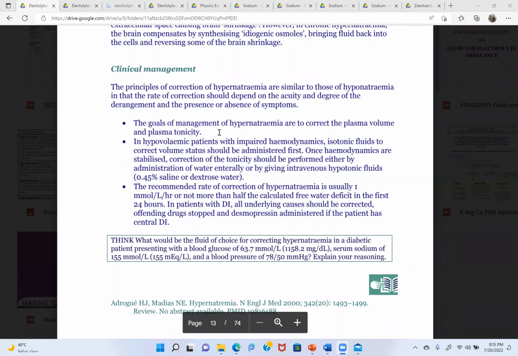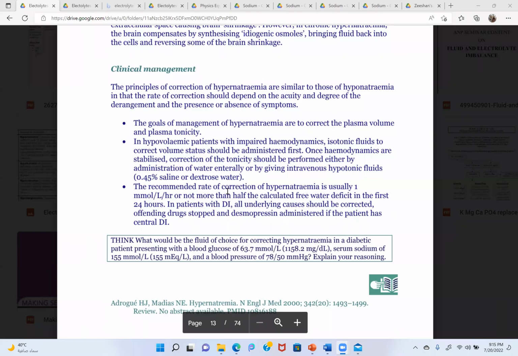This is something very confusing: if the patient is hypovolemic, you need to give isotonic fluids, like normal saline initially, or at least half. You have to maintain the volume status first, then you will be able to correct it. Otherwise your efforts will not be in the correct direction.